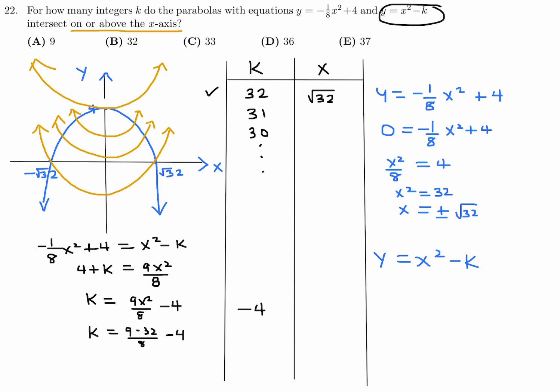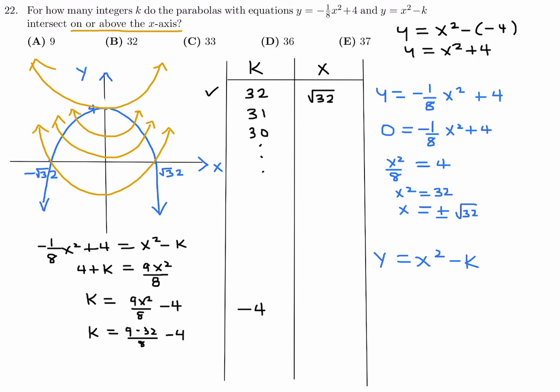Well, because the equation y equals x squared is essentially just like this, and it's going up or down depending on the value of k. If k is minus 4, this becomes y is equal to x squared minus minus 4, which is y is equal to x squared plus 4.